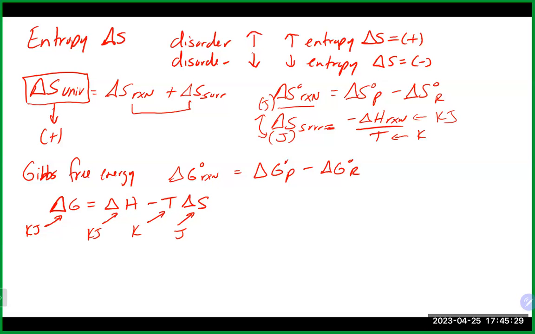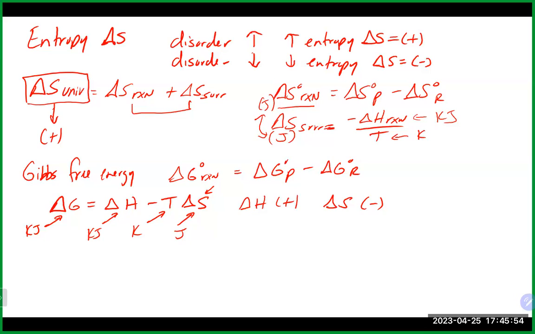So for example, if we had a delta H that was positive and a delta S that was negative, that negative would turn into a positive on the back end. We would have a positive delta H, which means no matter what you do here, your delta G is always going to be positive at any temperature, and that would mean it would be non-spontaneous.